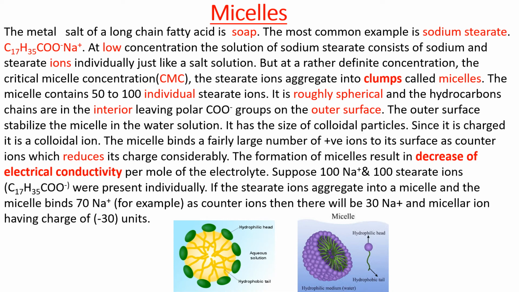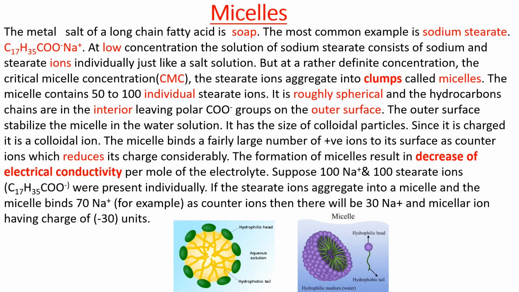But at a rather definite concentration, the critical micelle concentration, the stearate ions aggregate into clumps called micelles. The micelle contains 50 to 100 individual stearate ions. It is roughly spherical, and the hydrocarbon chains are in the interior, leaving polar COO minus groups on the outer surface.